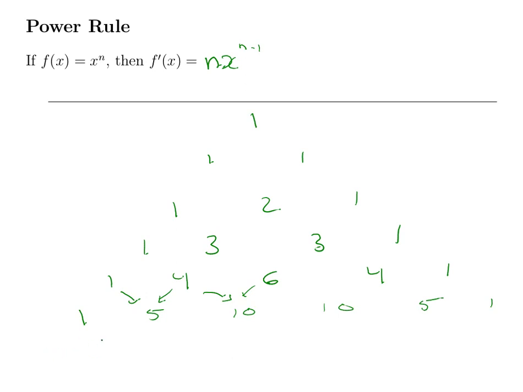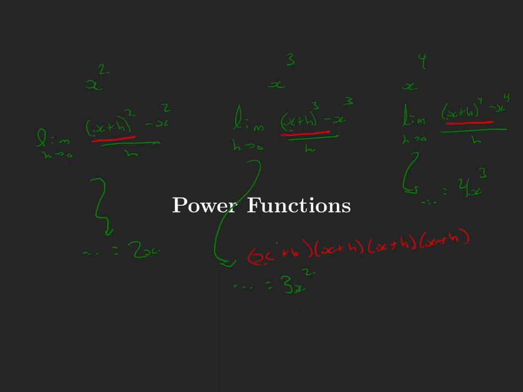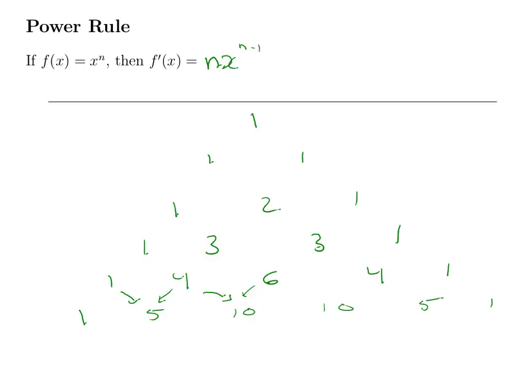The reason that we care about that is that these are the coefficients on all of these red underlined things that we multiplied out. x plus h squared is x squared plus 2xh plus h squared. x plus h cubed is x cubed plus 3x squared h plus 3xh squared plus h cubed, and so on and so forth.